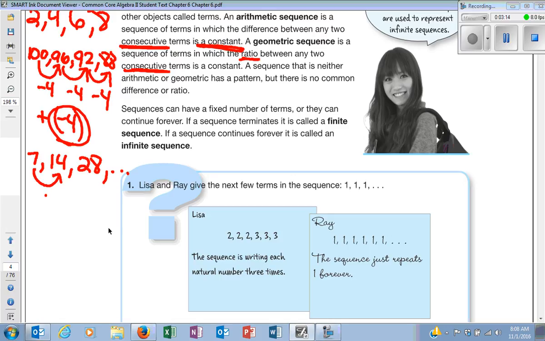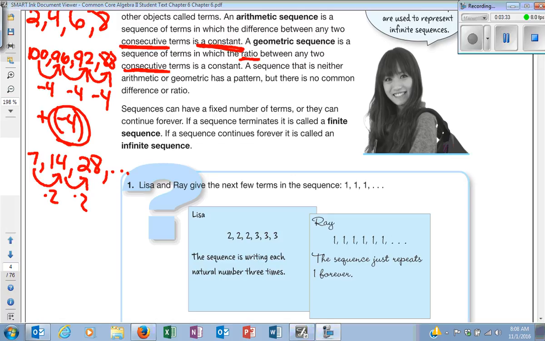But actually, times 2, times 2, that's going to be our common ratio. Yes? Maybe also. All right.